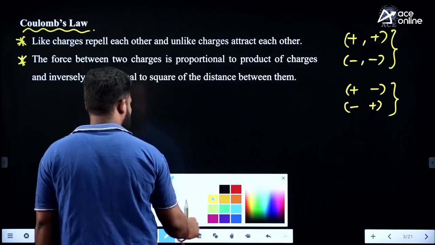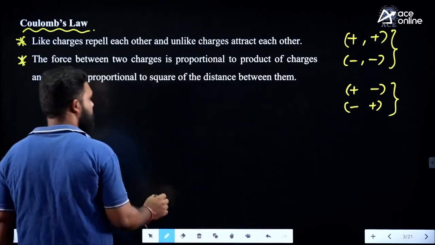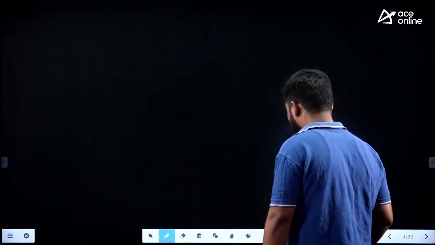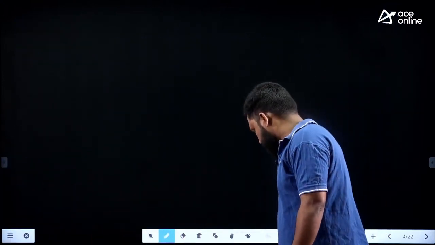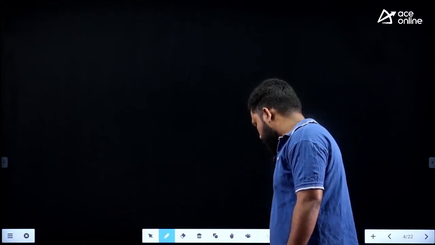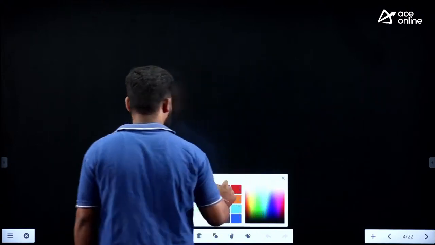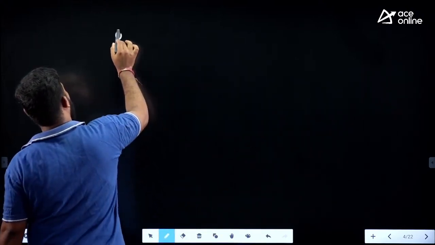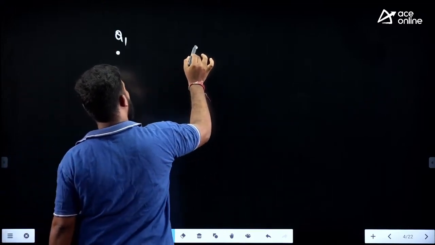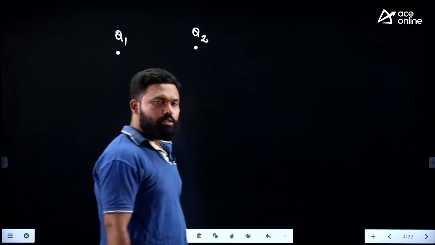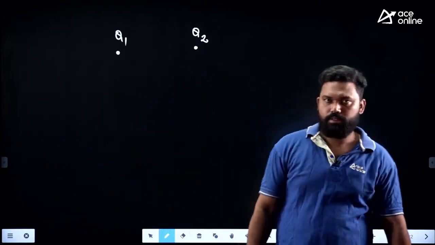Let us try to understand this law with the help of some diagram. Let me turn the page here. Yes, good evening, hi. Let us consider two charges here, Q1 and Q2. Force is anyhow a vector.